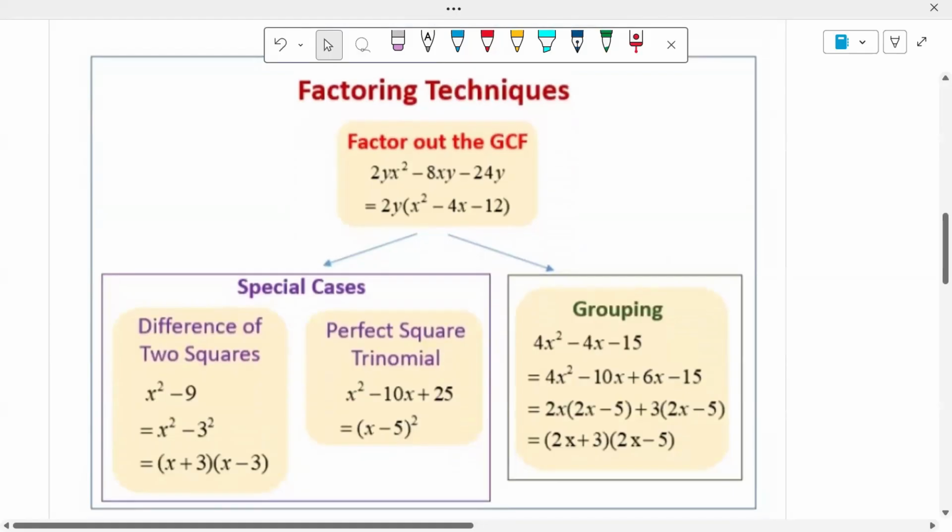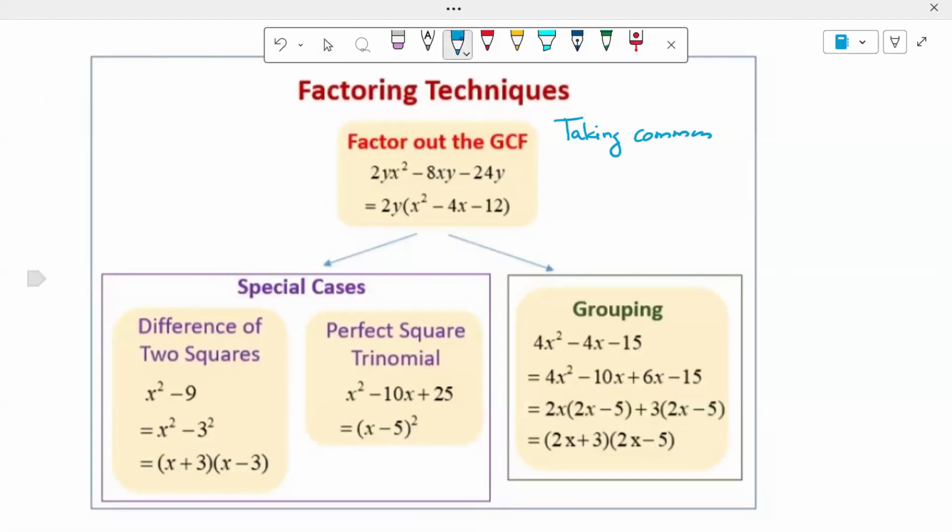Whenever a question comes to factorize, we have to check stepwise. The very first method is to factor out the GCF, or in common words, taking common. We are going to check: it has three terms, 2y x square, minus 8xy is the second term, and 24y is the third term.